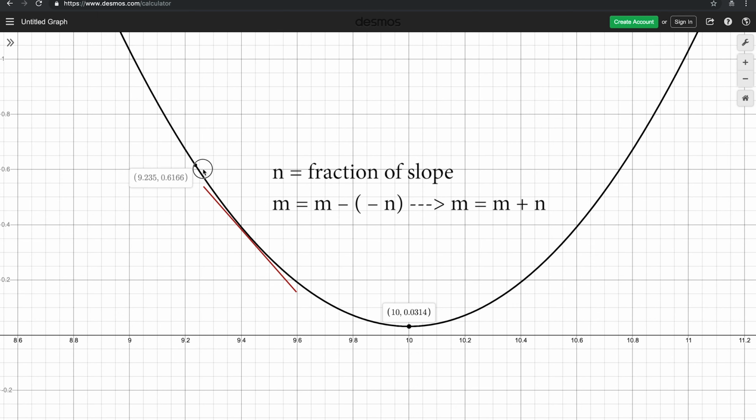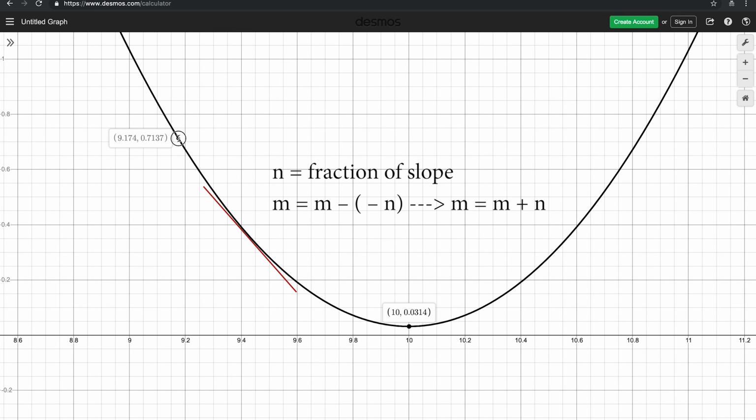Because if we subtract the whole error, we will overshoot, and then we will be here and then coming back here. So we just want to subtract a fraction of the error that we obtain for all given x values, or for the entire data set.